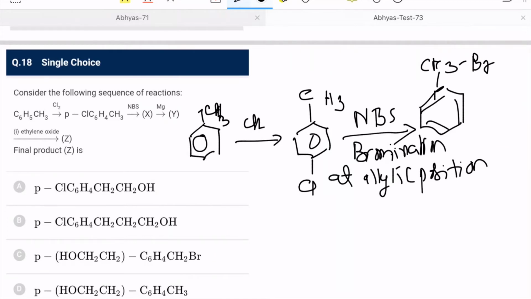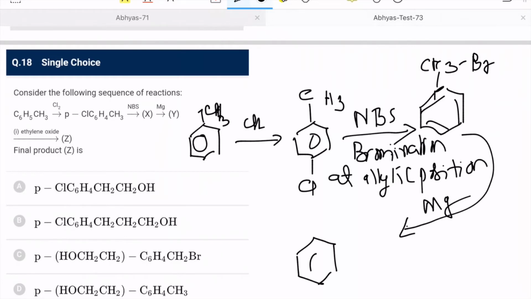Then when this reacts with magnesium, it forms a Grignard reagent. Because the Br is at the allylic position, Cl will be present here as it is, and here CH2MgBr is forming.